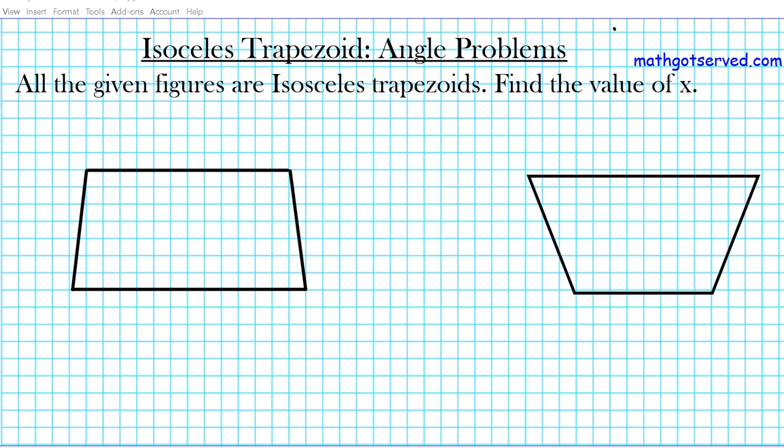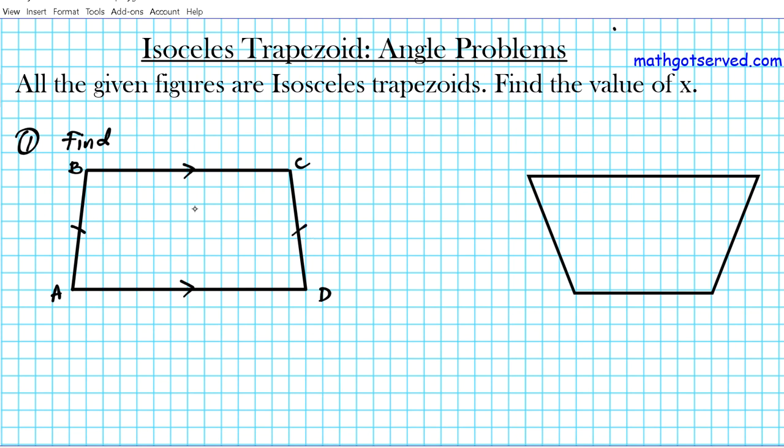Let's take a look at some practice problems. For question number 1, we're to find x in trapezoid ABCD. Just to show that it's a trapezoid, we know that it has exactly one pair of parallel sides and the legs are congruent.